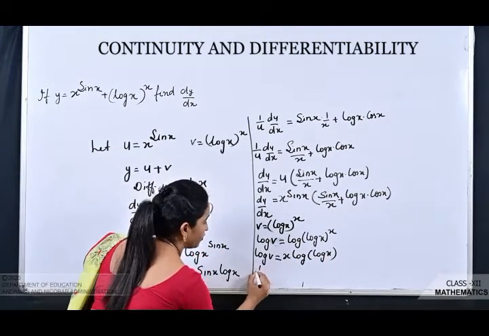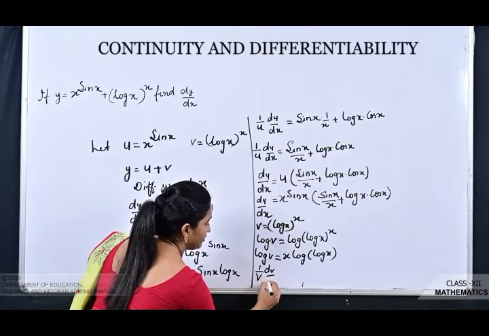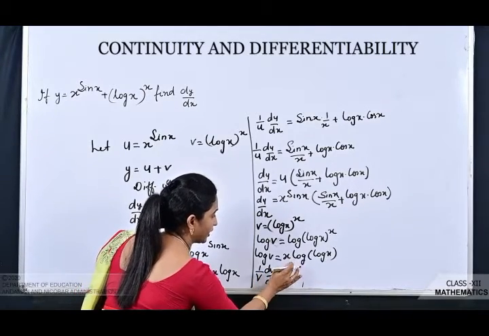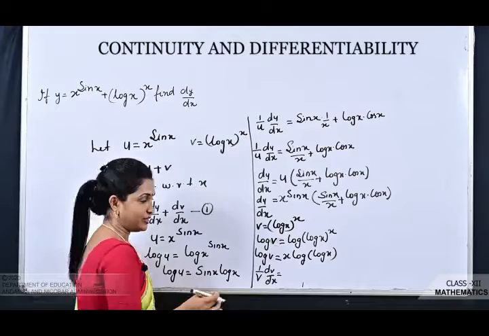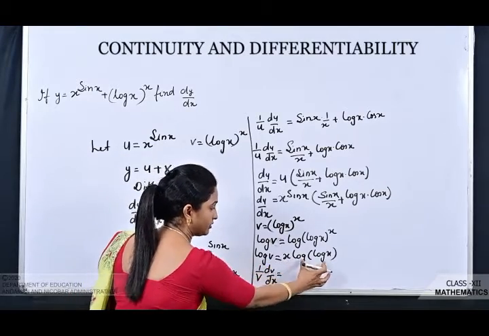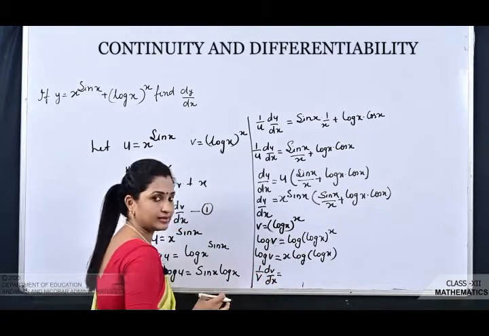Now differentiate: 1 by v dv by dx is equal to, again you have to apply the product rule. Two functions, x is one function, another is log of log x.